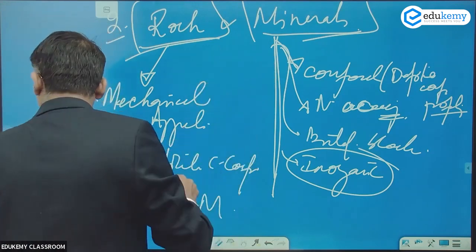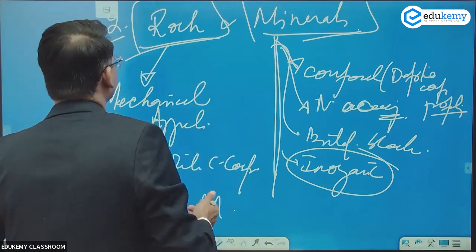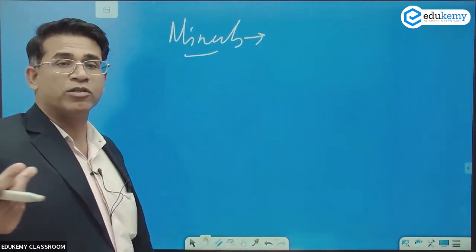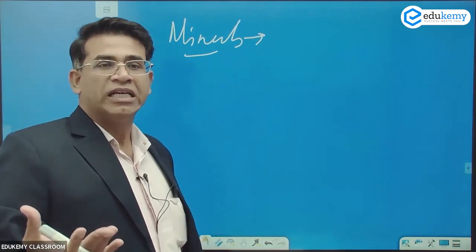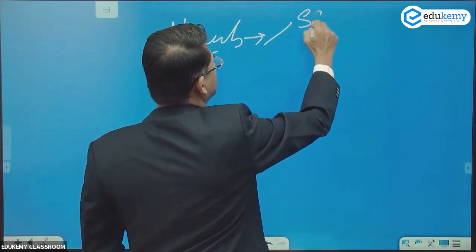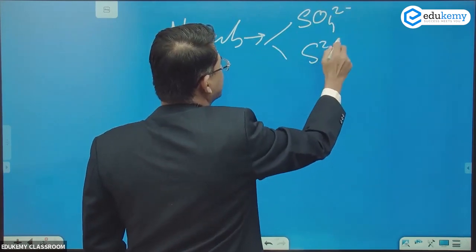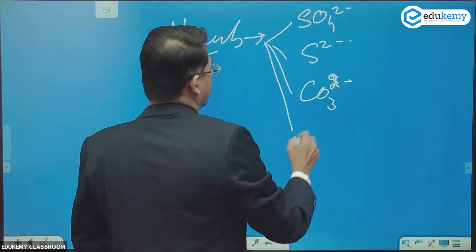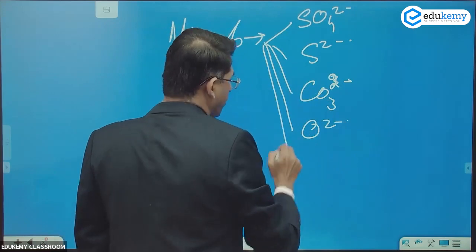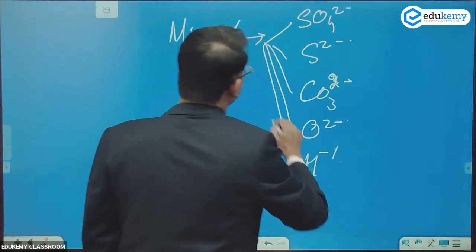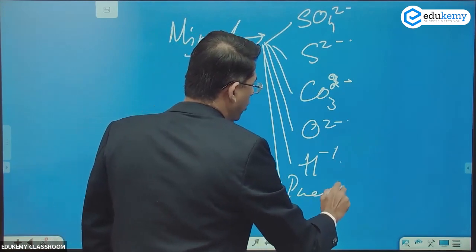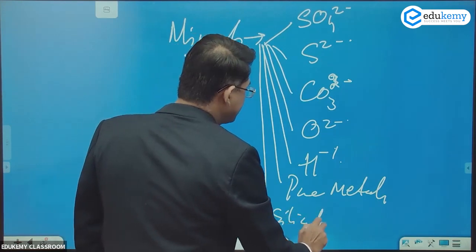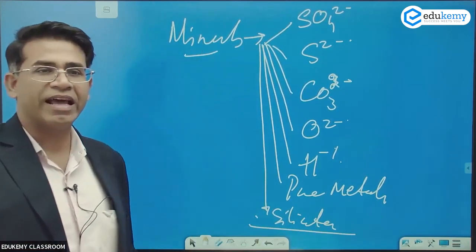Now, in terms of types of minerals, we can classify minerals in terms of their composition. We can have sulfates, sulfides, carbonates, oxides, halides, pure metals, and silicates.